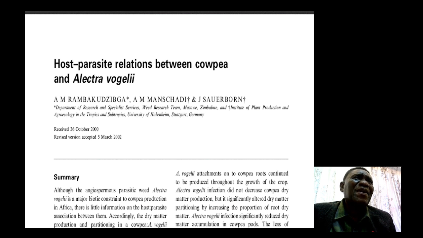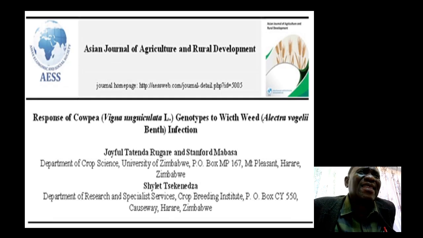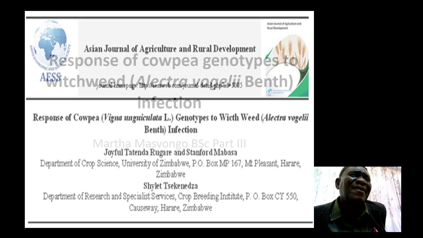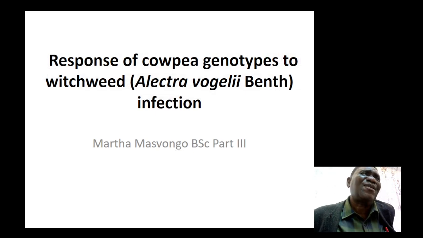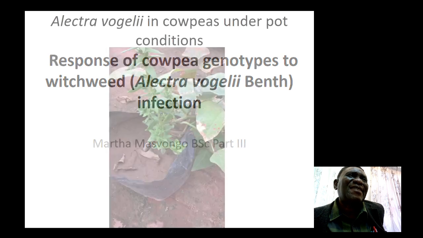Here there's a paper by Rubaihayo on cowpea and Alectra vogelii. Another paper is on screening genotypes. There's a BSc student who also tried to screen a lot of genotypes against Alectra.